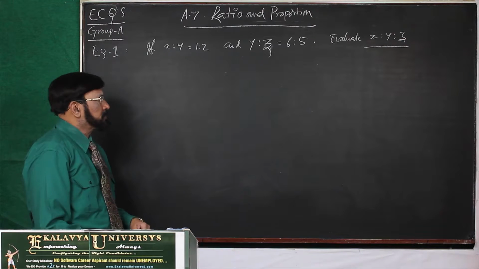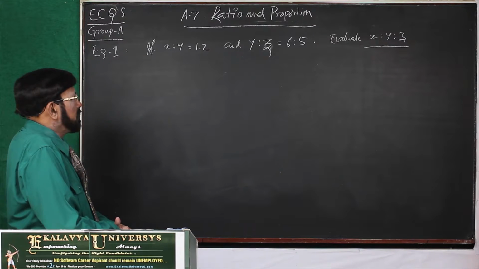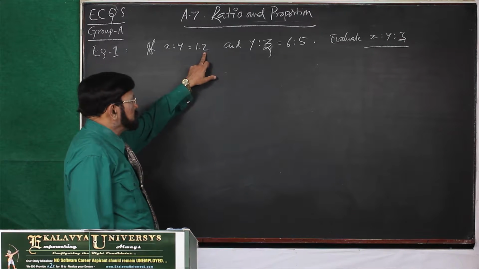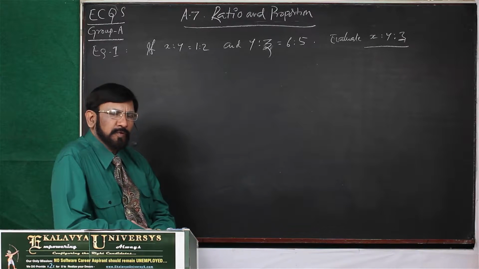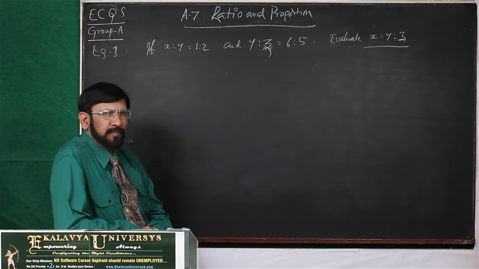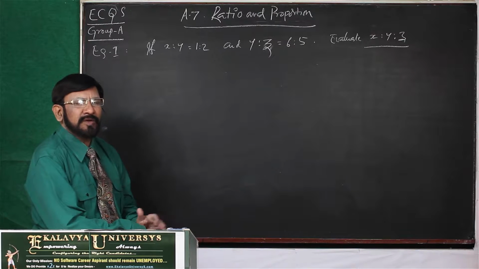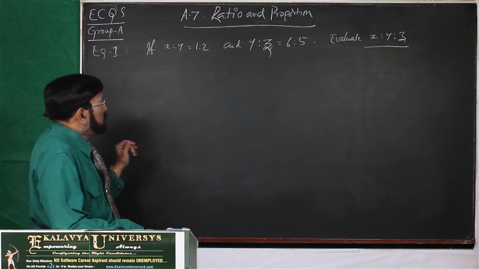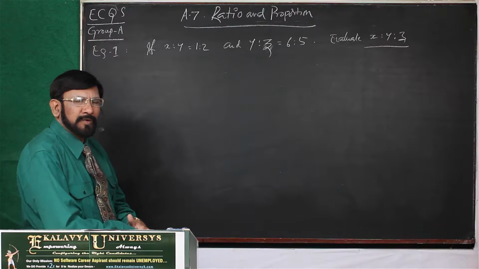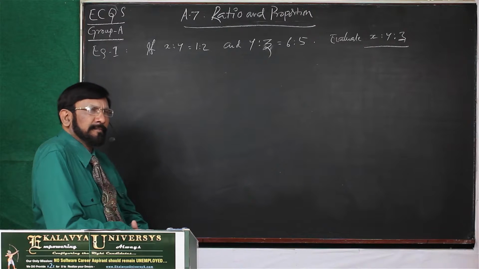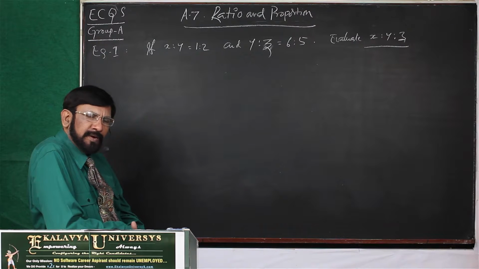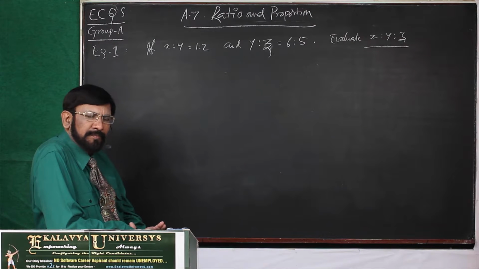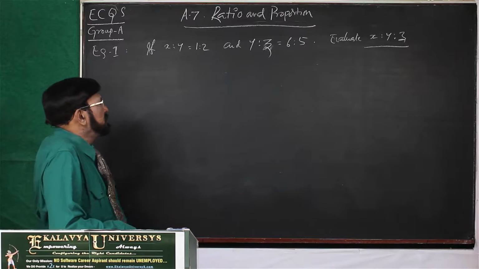For this purpose, a simple strategy: y is present in both the ratios. If you equalize y in both the ratios, then the job is simple. Here one rule will help. What is that? If any ratio is either multiplied or divided by the same number, then the value of the ratio is not changed.